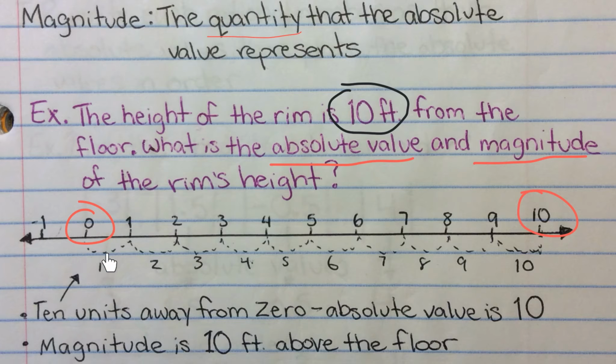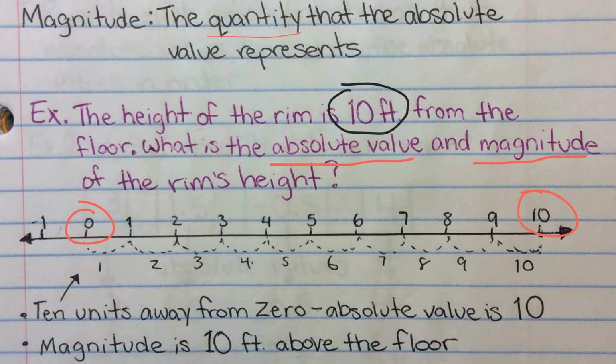So we start at 0, we got 1, 2, 3, 4, 5, 6, 7, 8, 9, 10. So we know that it's 10 units away from 0. So 10 would be the absolute value. Here we have 10 units away from 0. Therefore, the absolute value is 10.